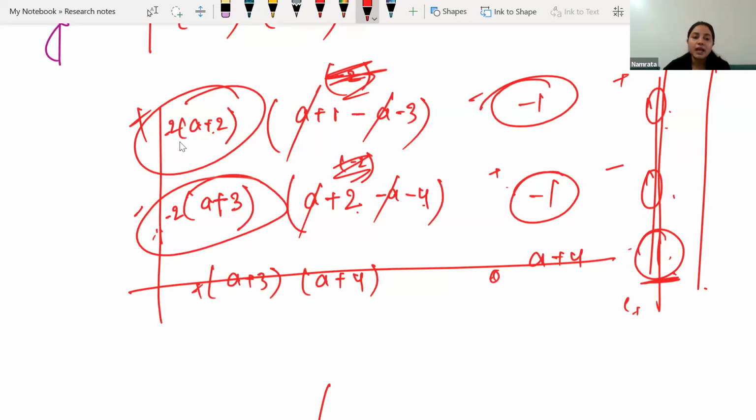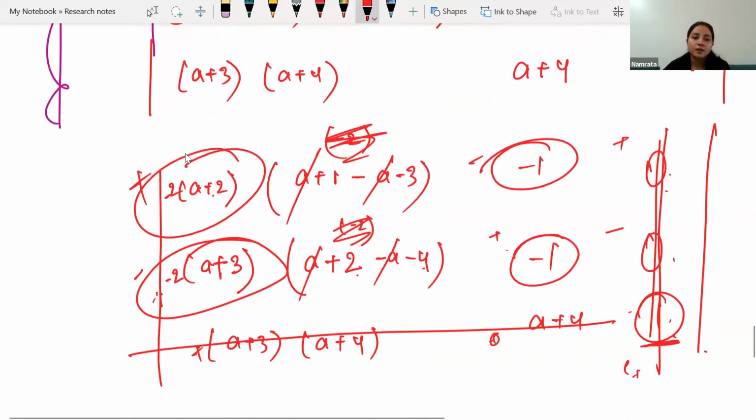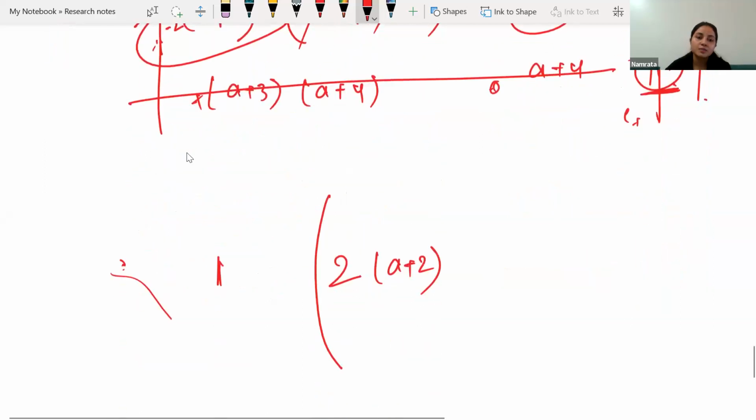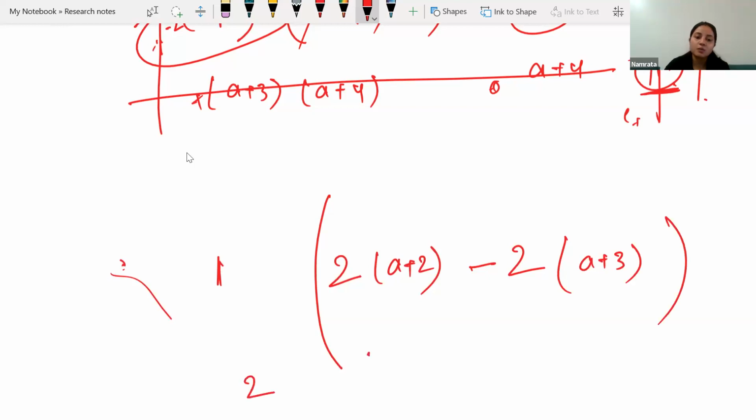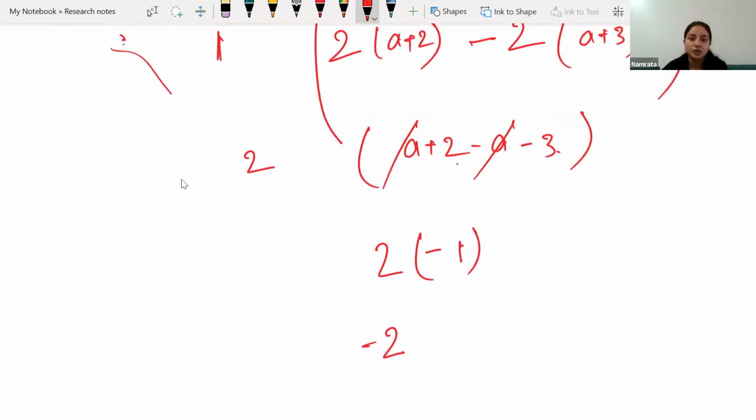So we will be having positive 2 times a plus 2, minus 2 times a plus 3. If we take 2 common out, we will be having a plus 2 minus a minus 3. This gone. We are having 2 minus 3, that is negative 1. We are having 2 outside, so minus 2 we got.